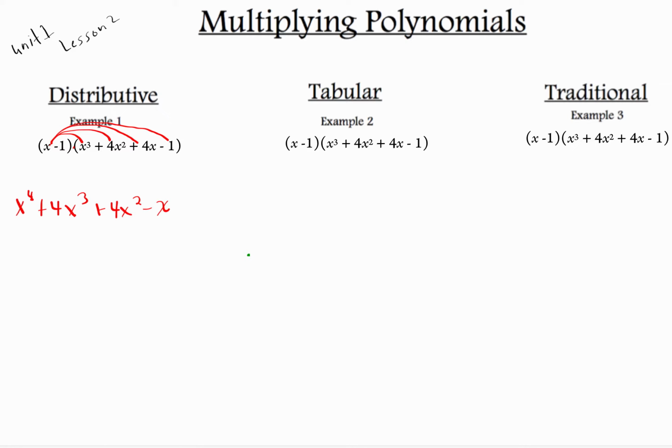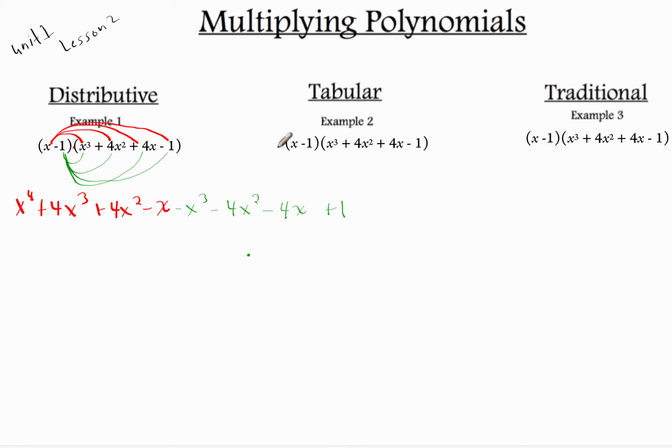Now we're not done because we still have to distribute the second term. That's why it's double distribution here. So we would get negative x cubed minus 4x squared minus 4x plus 1.